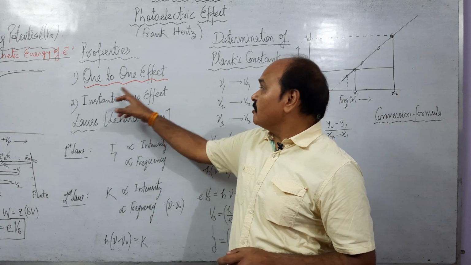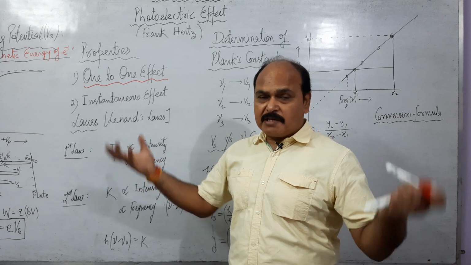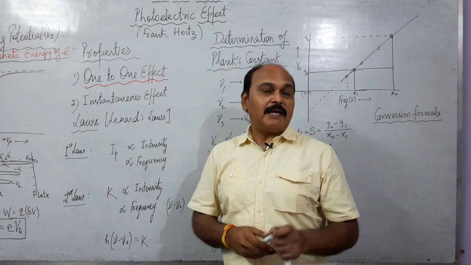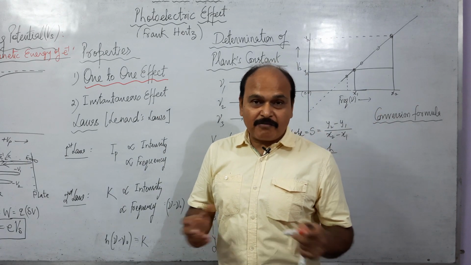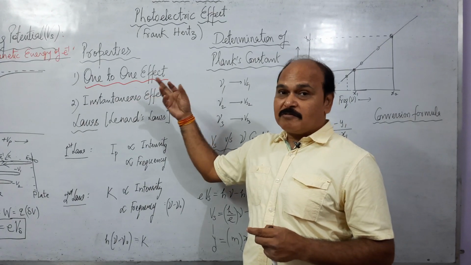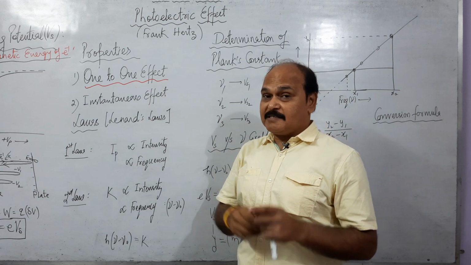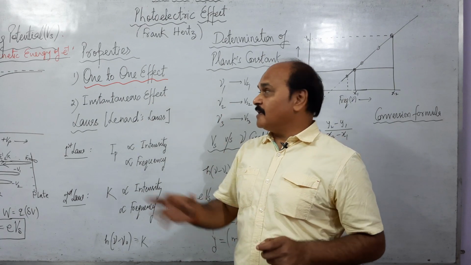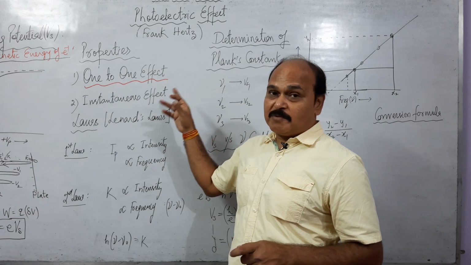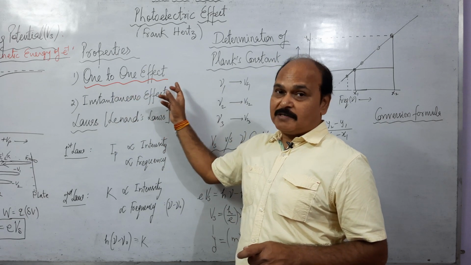That is why it is a one-to-one effect. If the intensity of light is more, and intensity is proportional to the number of photons, more electrons would be emitted out of a photoelectric surface. If the intensity is less, fewer electrons are emitted from the surface. It is simply because it is a one-to-one effect.